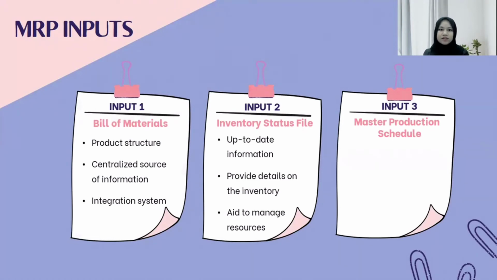For the master production schedule, it is the overall plan for the production, where it schedules the quantity and timing of all end products that need to be purchased over the specific planning timeframe. Therefore, it will help the company to control the cost of materials and plan the resources that need to be used in order to manufacture the final products.